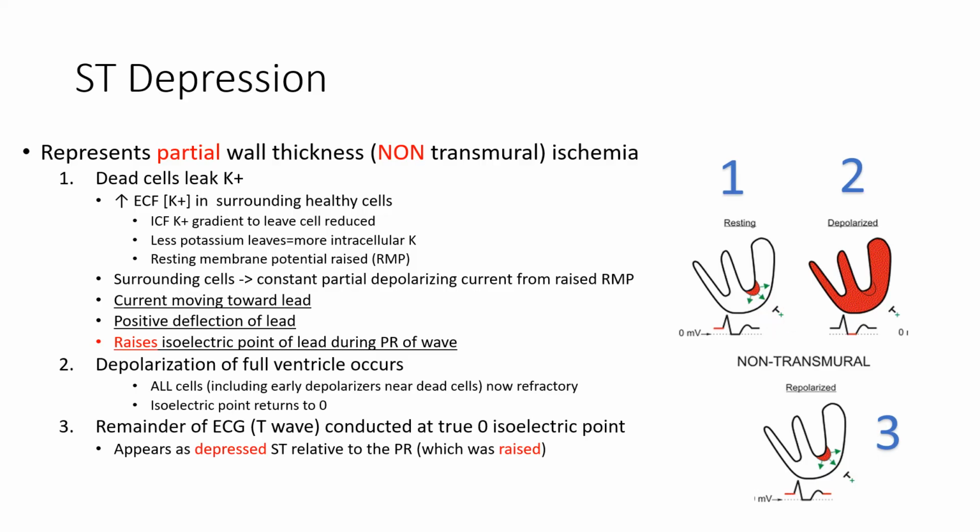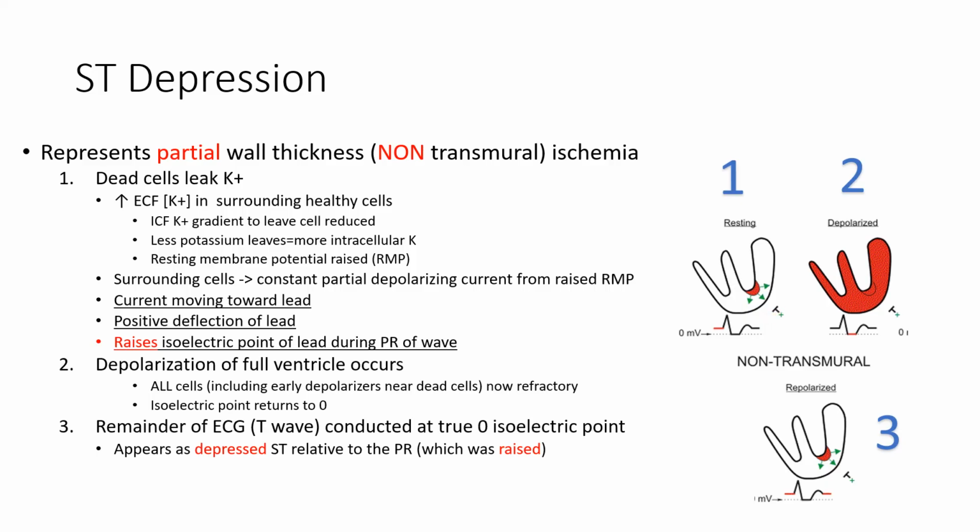This raises the isoelectric point of our lead during the PR interval. Then, when depolarization occurs, all of our cells depolarize at once, resetting the isoelectric point back to 0. And the remainder of the ECG is conducted at our true isoelectric point, which is lower than when we were having some baseline deflection occur.